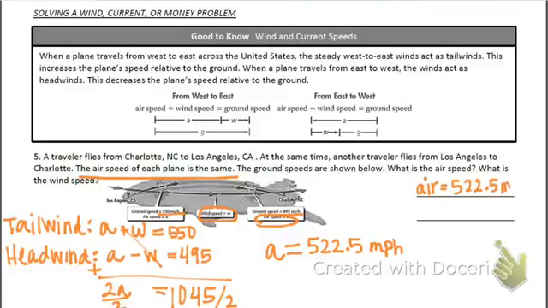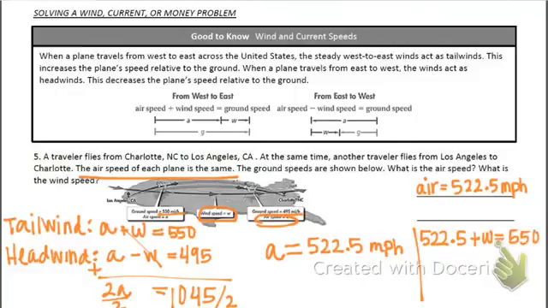is 522.5 miles per hour. How can I solve for the wind speed? Plug it in. So your choice. Plug in 522.5 to the tailwind or the headwind problem. I don't care which. I'm probably going to do the tailwind because that keeps W positive. So it's going to be 522.5 plus W equals 550.